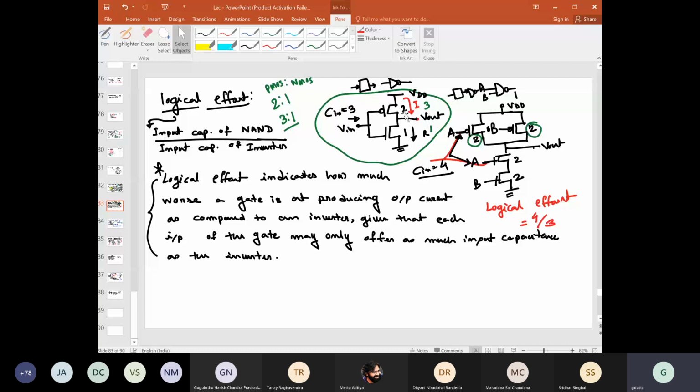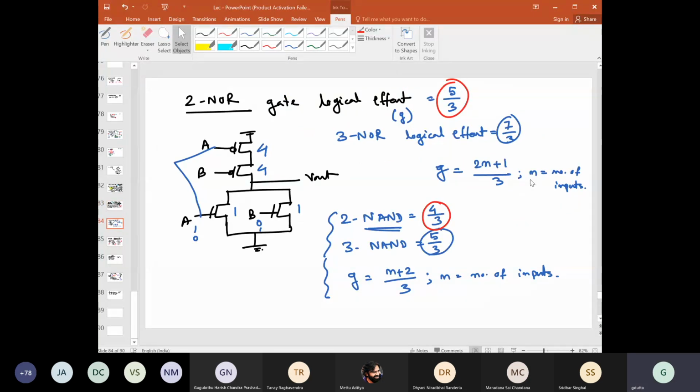But if in a different technology it is not 2:1 but 3:1, then we need to consider these ratios accordingly, set the transistor widths for the different gates, and then estimate the logical effort for that NAND gate, NOR gate, or any other gate.